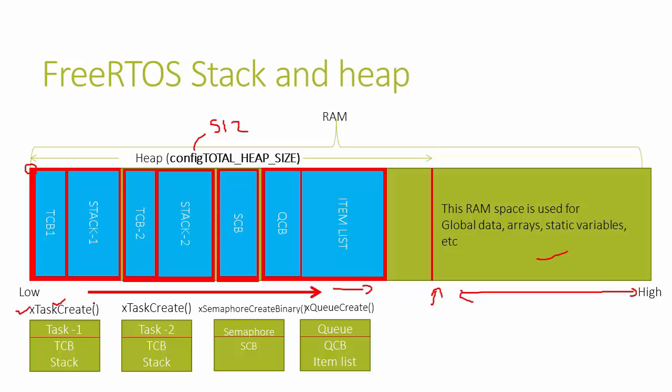That means there must be some code which manages this heap memory. In the next slide, we'll explore how this heap memory management is done. In your PC programming, you know that it is managed by malloc and free, isn't it? Now let's see how it is done in FreeRTOS.